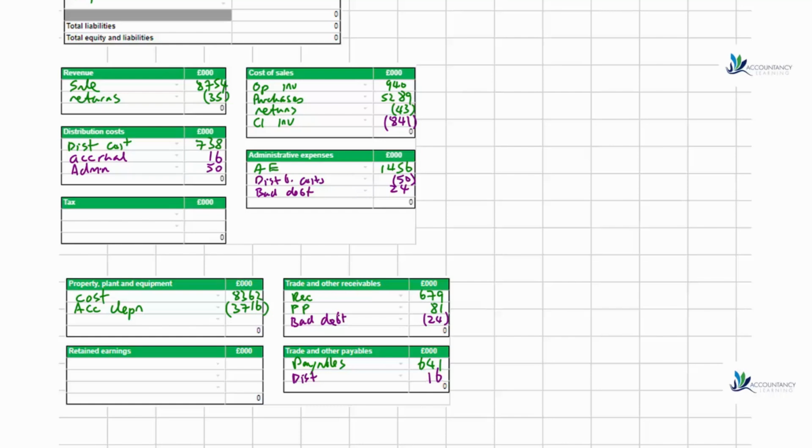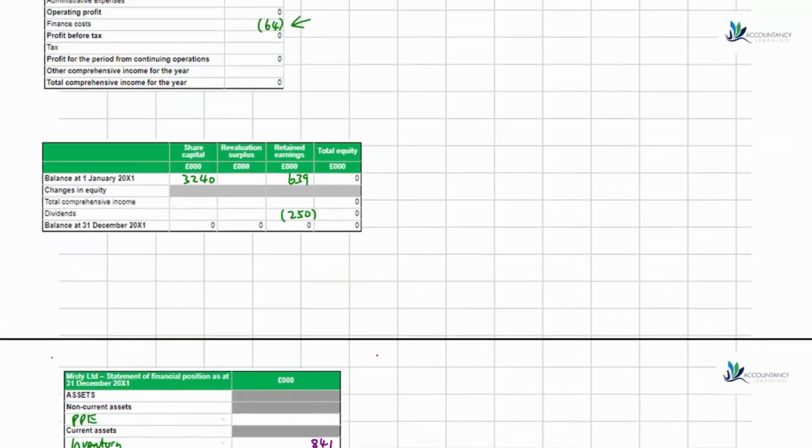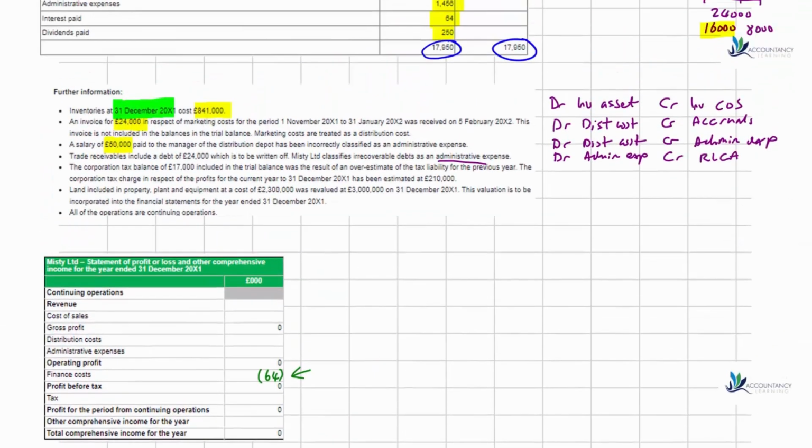Notice I'm just calling it bad debt. In the drop-down menu, it may be called irrecoverable debt. So again, you have to choose from the drop-down menus. So we've done the debit and the credit for that. So I'm going to highlight the 24,000.